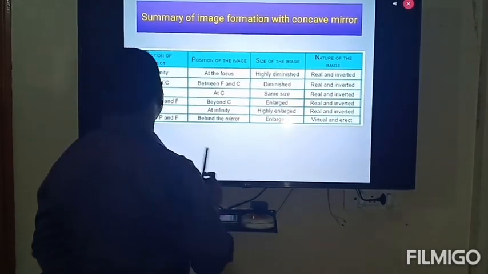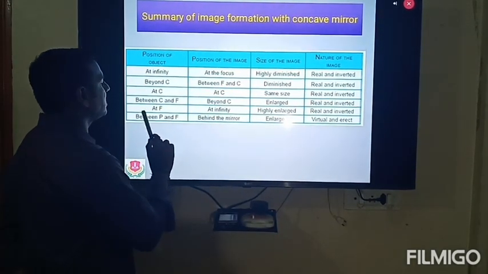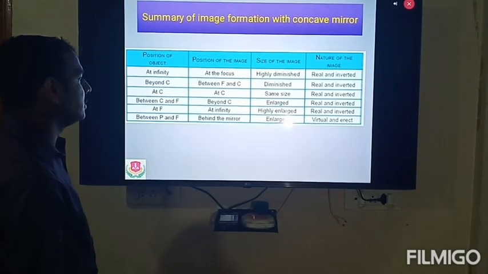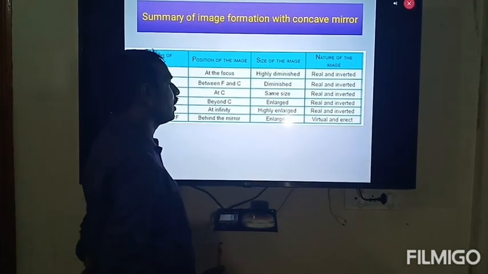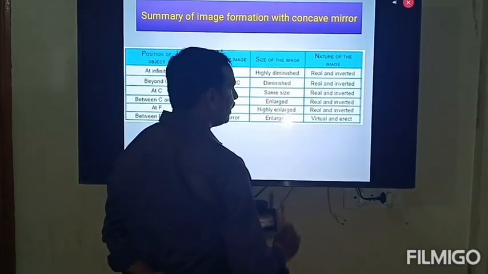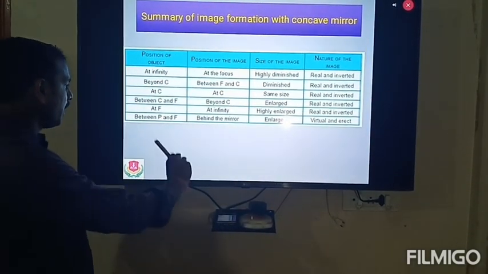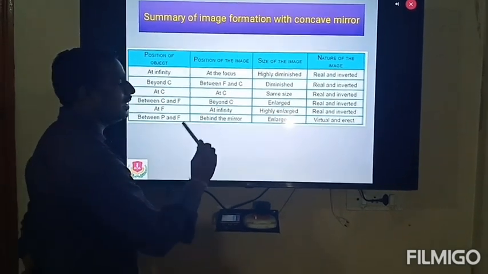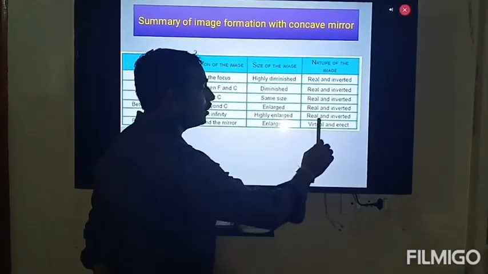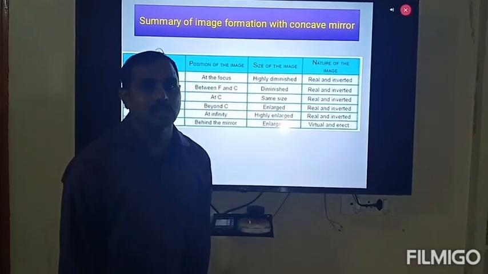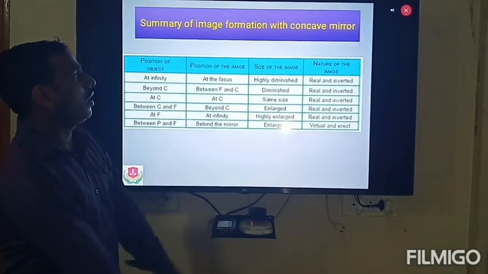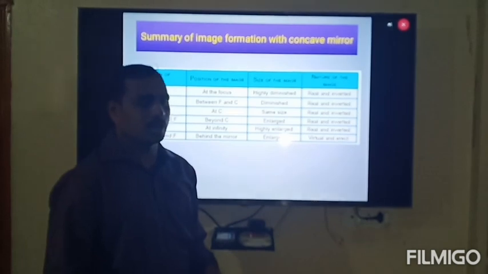When we place the object at F, the image is at infinity, highly enlarged, real and inverted. Between P and F, the image is behind the mirror, enlarged, virtual and erect. So this is the summary of all the images formed with the concave mirror.